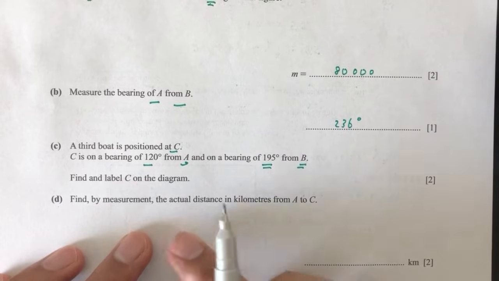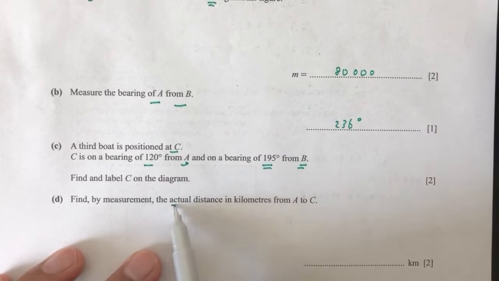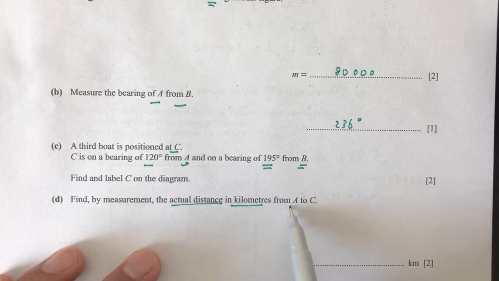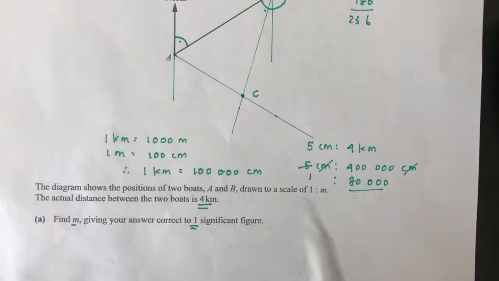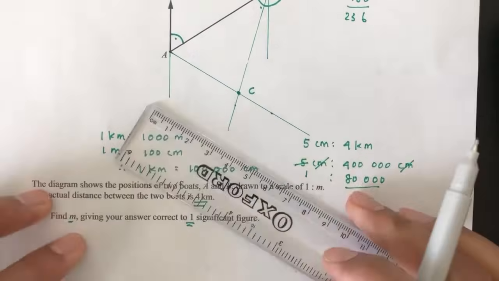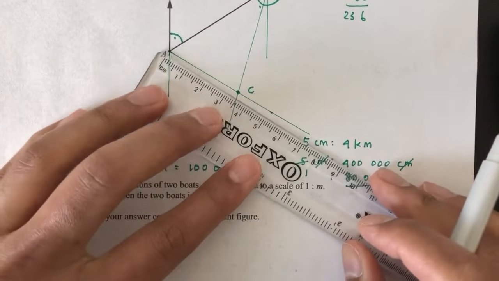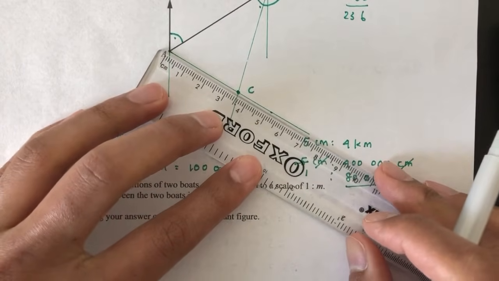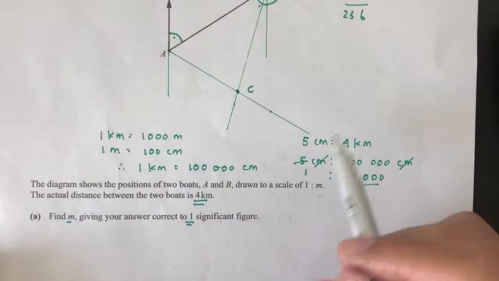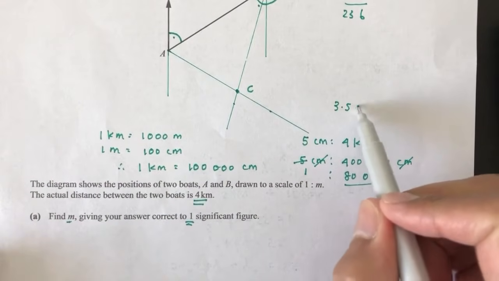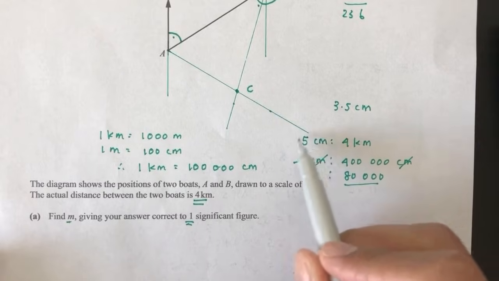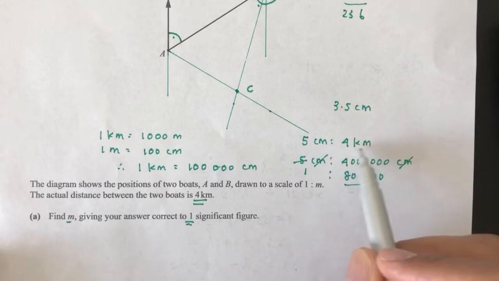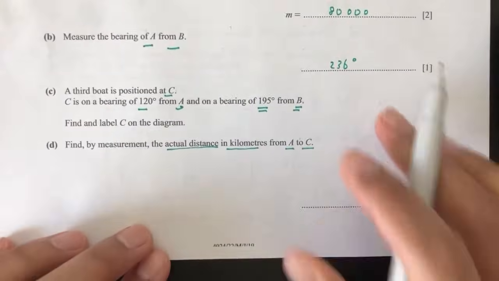Part D, find by measurement the actual distance in kilometers from A to C. Let's find out. If you measure A to C using your ruler, it is 3.5 centimeters. Here we see 5 centimeters is 4 kilometers, so let's use the scale.